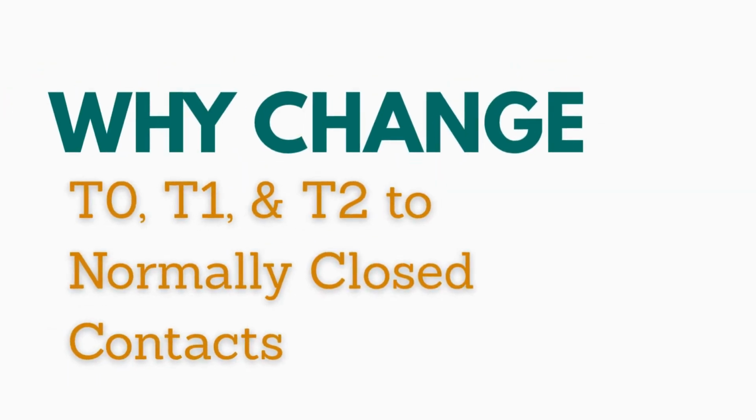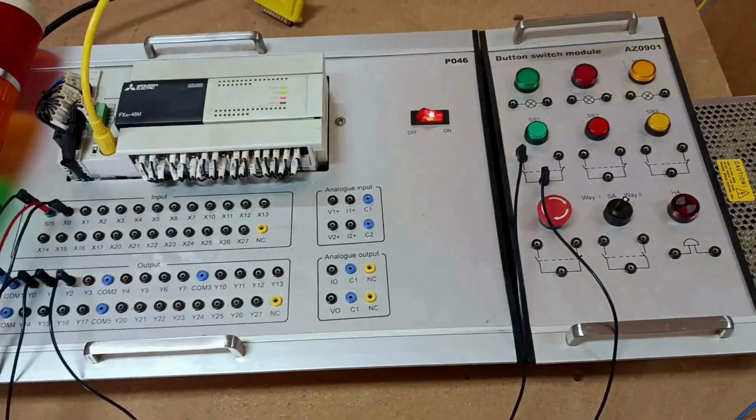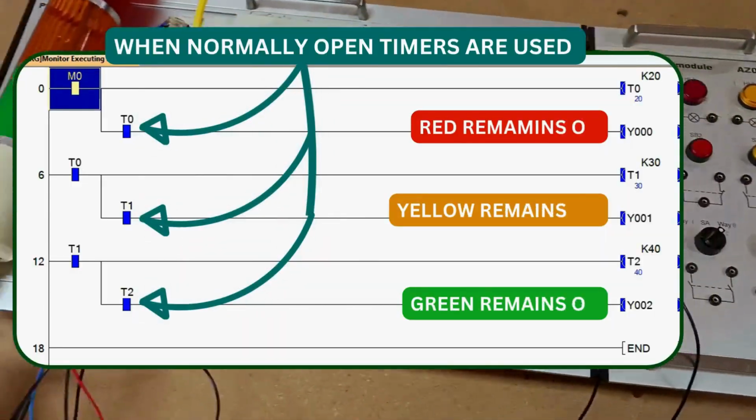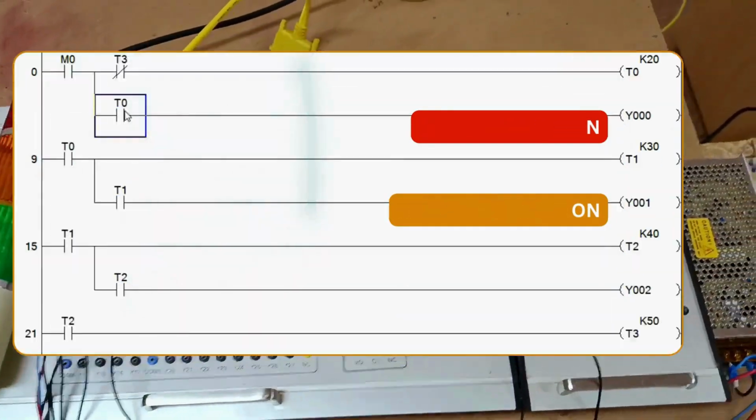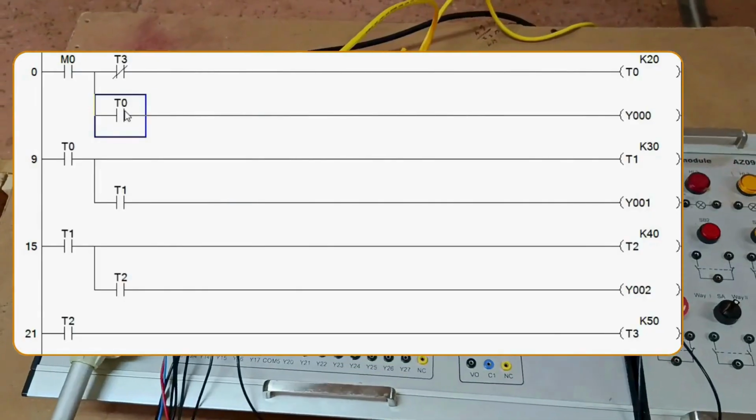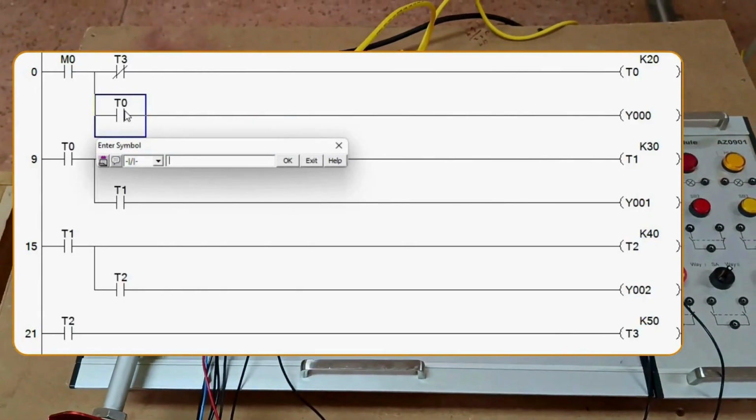With our loop sequence now working, I want you to observe the state of our outputs in this sequence. Once a timer proceeds to the next timer, it leaves the previous output active.